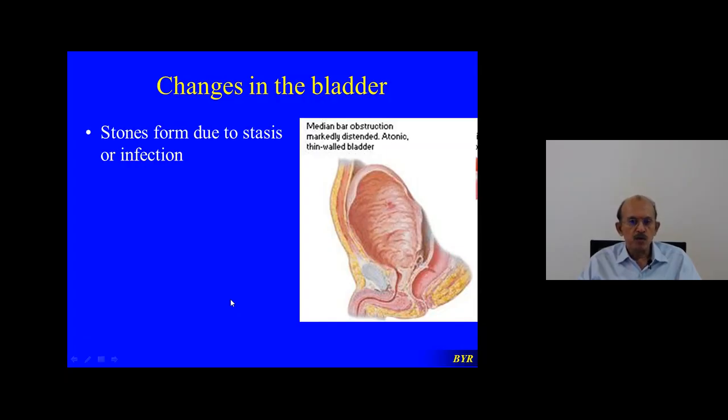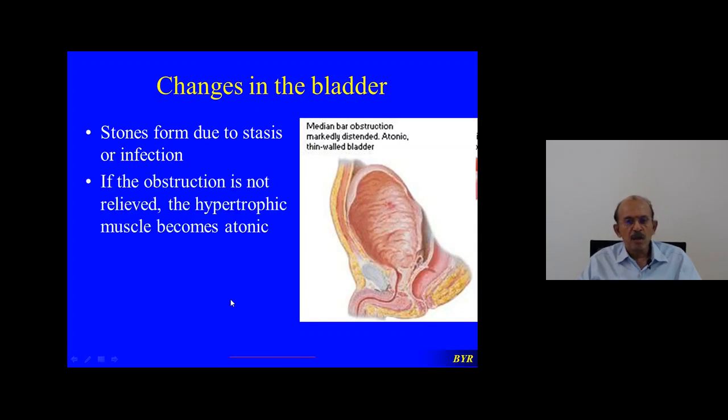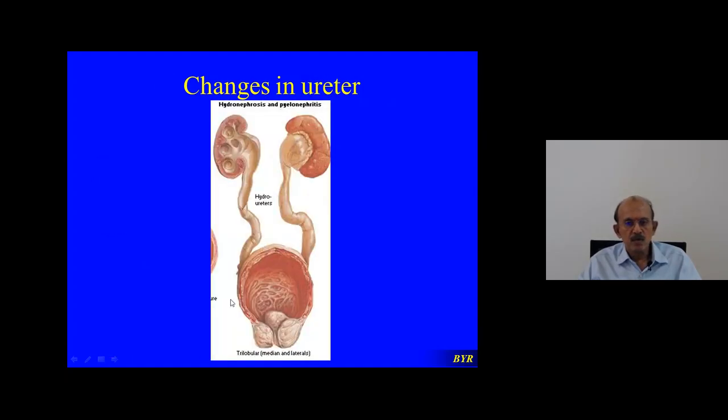Stones form due to stasis or infection. If the obstruction is not relieved, the hypertrophic muscle becomes atonic. Then changes in the ureter, there will be reflux due to increased pressure in the bladder.